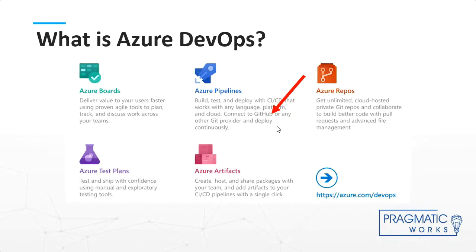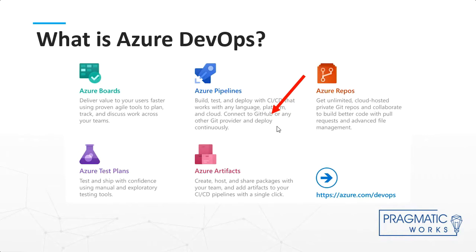And so the last element is, what is Azure DevOps? If you're out there searching GitHub and Azure, you get things like DevOps, CI/CD, Git, GitHub, and Azure DevOps. Well, you may have used something like Visual Studio Team Services or Team Foundation Server on-prem in the past.